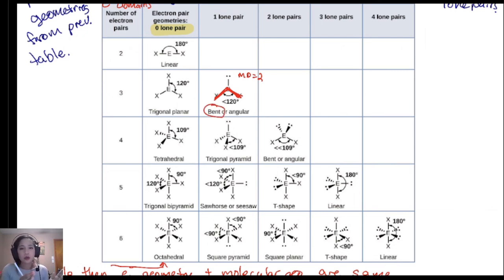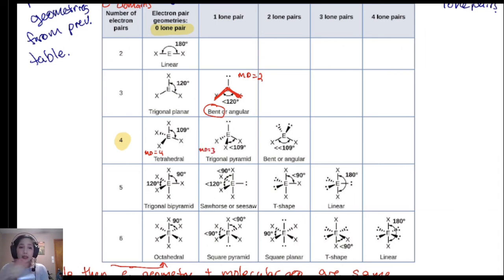We can do the same thing if we have 4 electron domains. If we have 0 lone pairs, our electron domain and molecular domain are the same, so our shape is tetrahedral. So molecular domain equals 4. If there's 1 lone pair, our molecular domain is equal to 3.